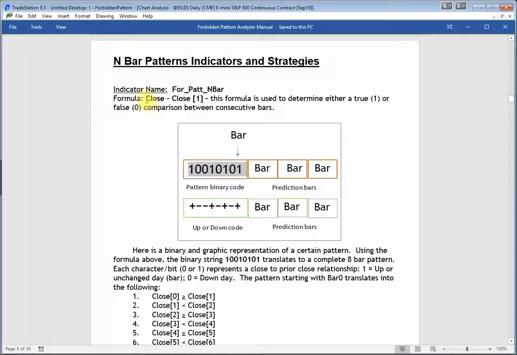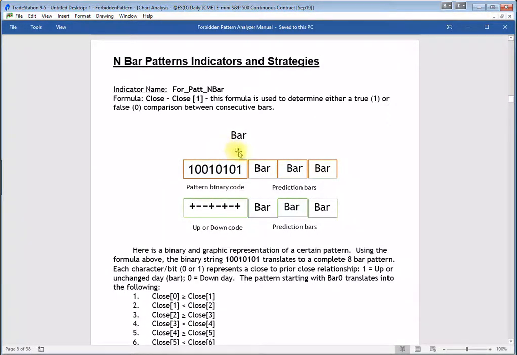This formula, if you evaluate it, is going to come up as either a positive number, an equal number, or a negative number. In this binary format, the furthest bar to the right represents yesterday. The next bar to the left is the prior bar to yesterday. The next bar to the left is the bar before that, and so on and so on.